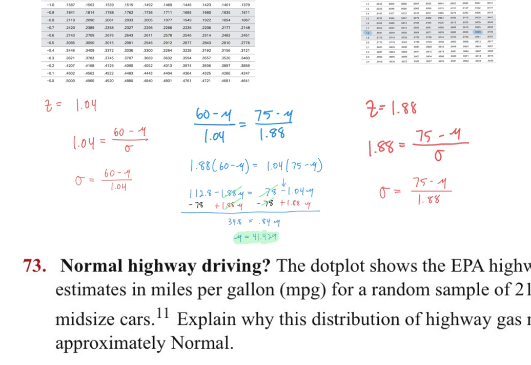So we'll do the standard deviation is 60 minus the mean that we found. Okay, and that ends up being 17.857.